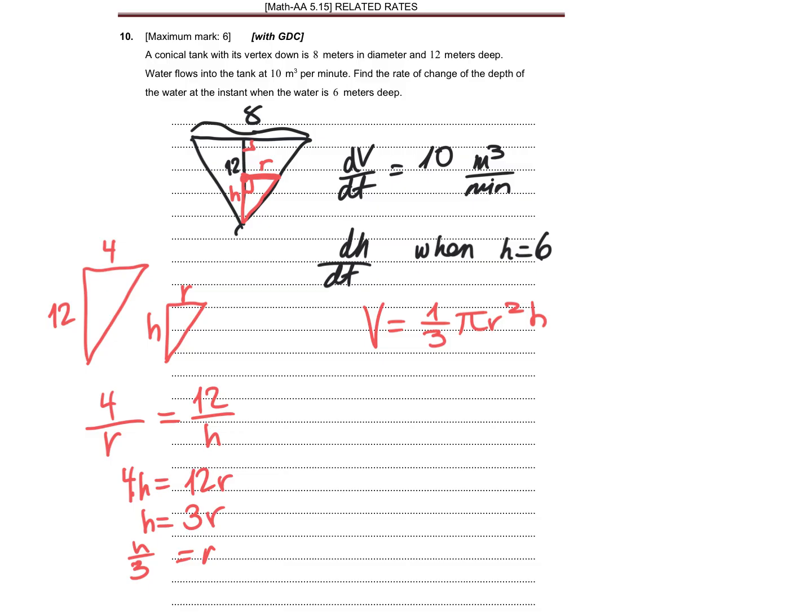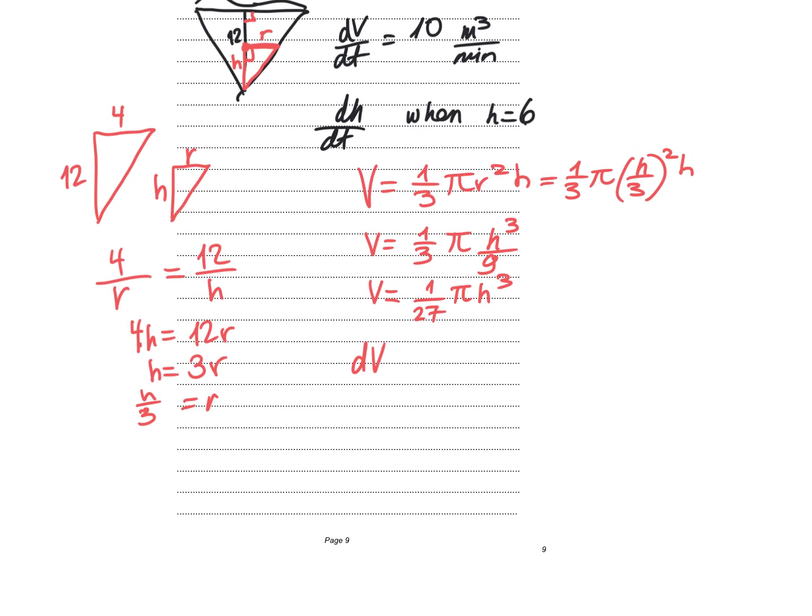So if we now do dV/dt, hold on. So this is 1/3 pi, r is h over 3 squared times h. Hold on. So volume equals 1/3 pi. h squared times h is h cubed over 9. So we're using 1/27 pi h cubed.